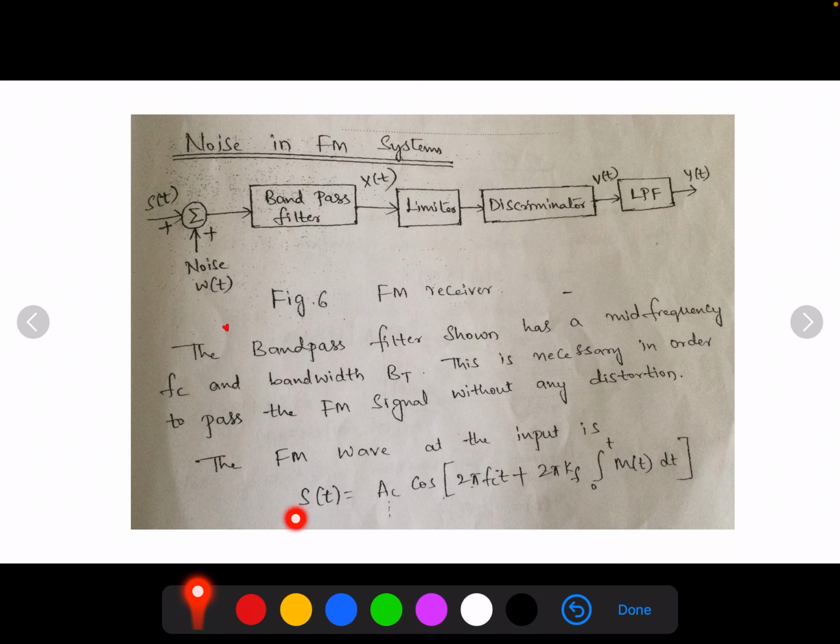So this is the equation for S of t. Since this is an FM modulated wave, S of t is equal to Ac into cos of 2 pi fct plus 2 pi kf into integral 0 to t m of t dt.